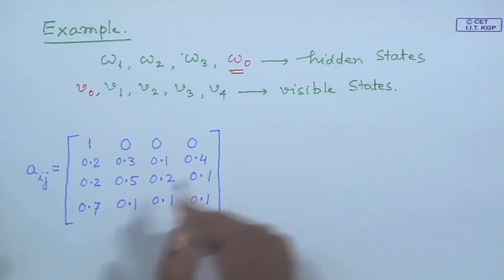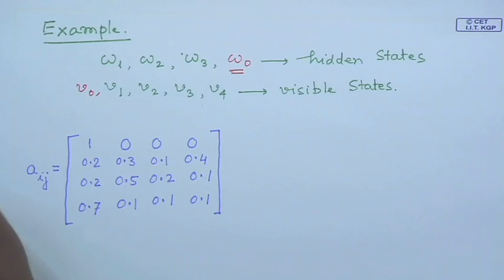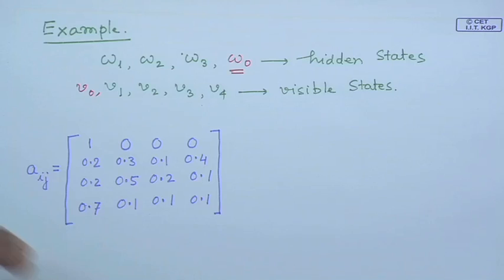And similarly, I have to have the transition probabilities for the visible states, which actually we said is the emission probability, that is B j k.